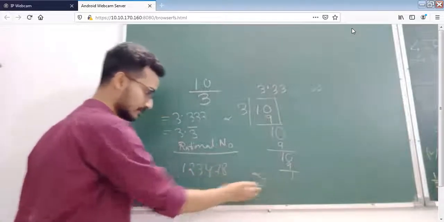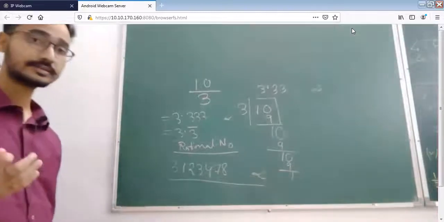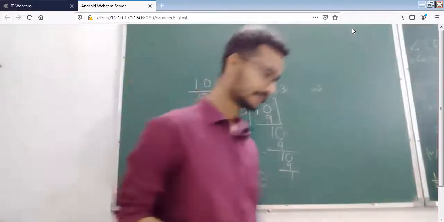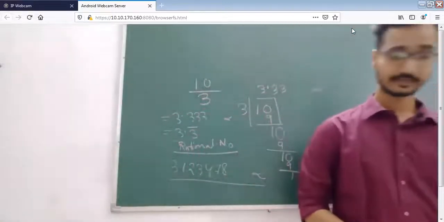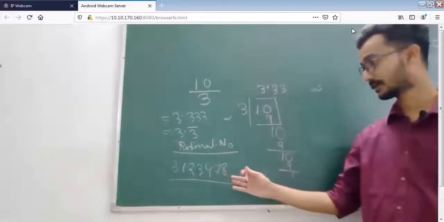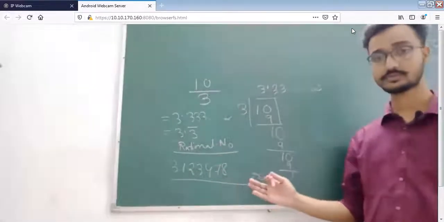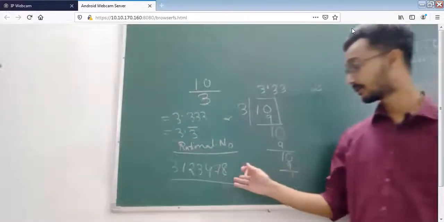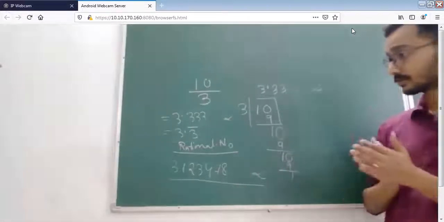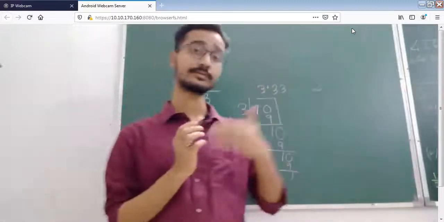Now see, this is also non-terminating. Non-terminating means when a number does not end, that means after the decimal, the number does not end at a fixed point. Yes or no? That means we don't know where it will end. So that number is called your non-terminating digit.